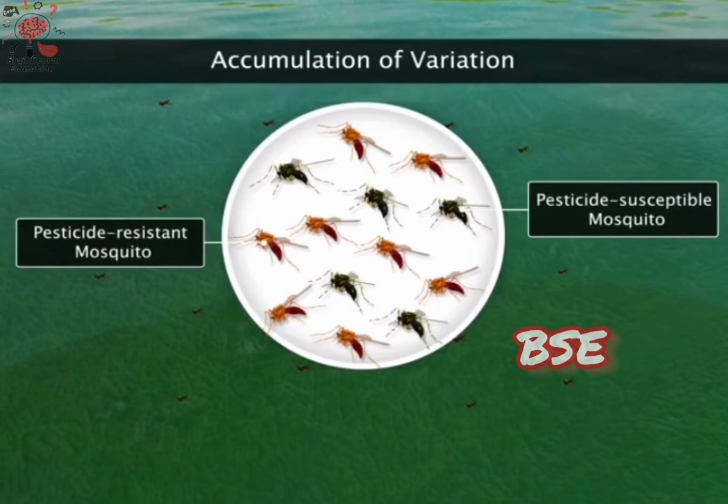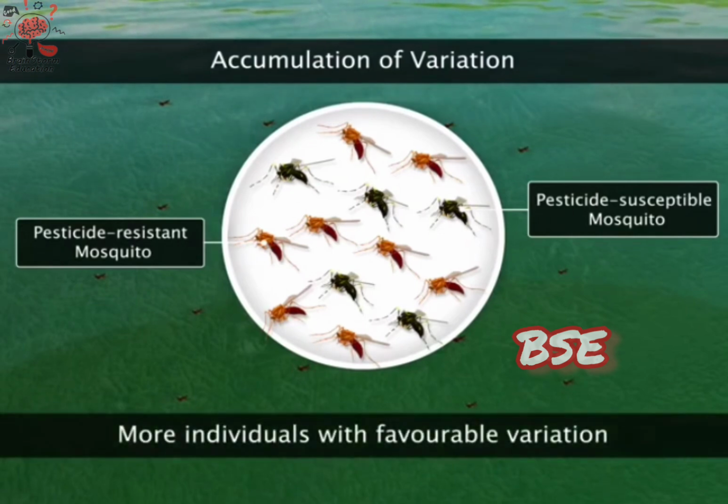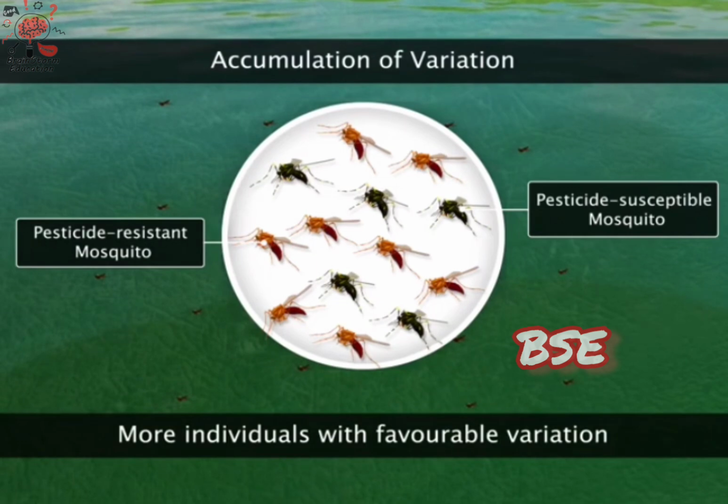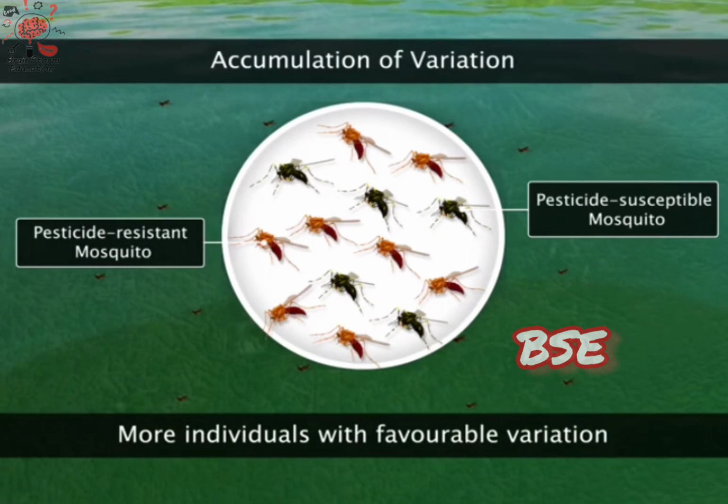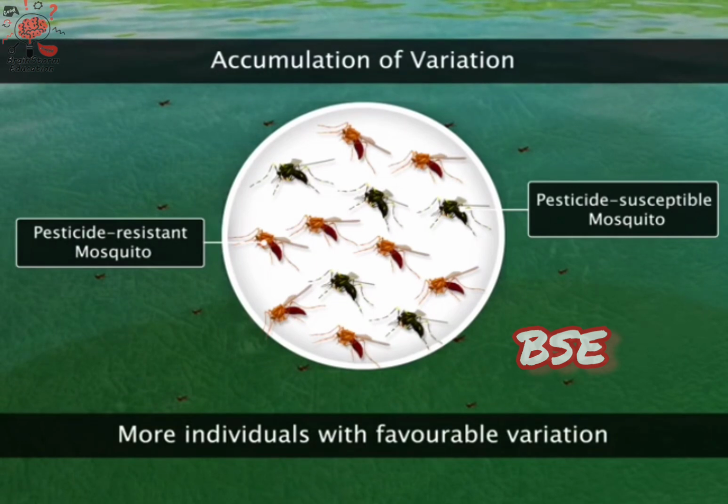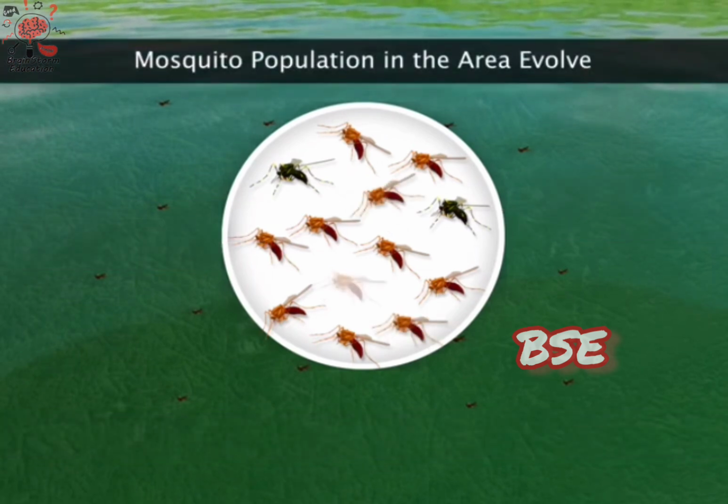This unequal or differentiated ability to survive and reproduce will build the favorable variation for pesticide resistance up over the generations. Gradually, the mosquito population will change or evolve.